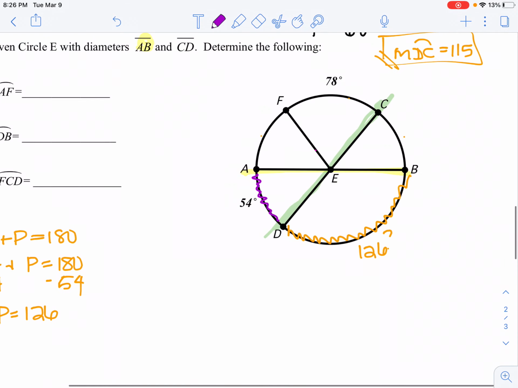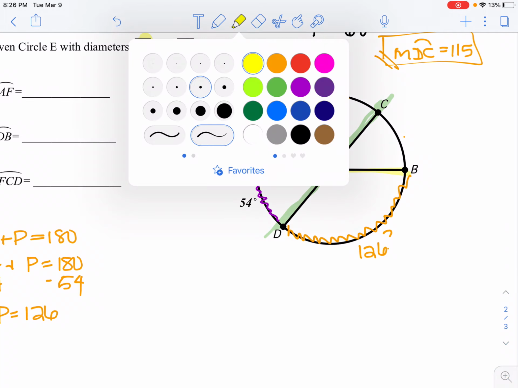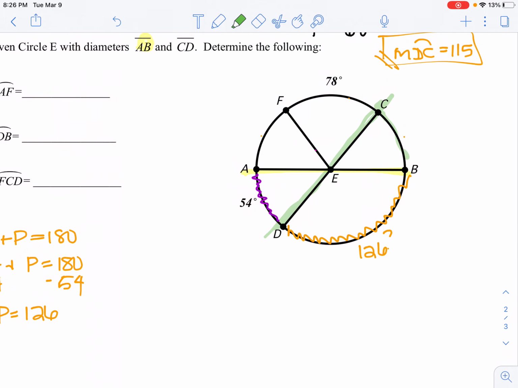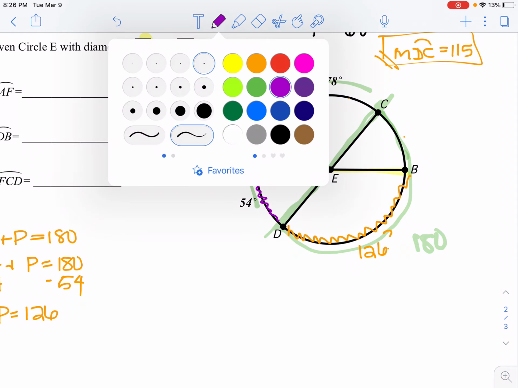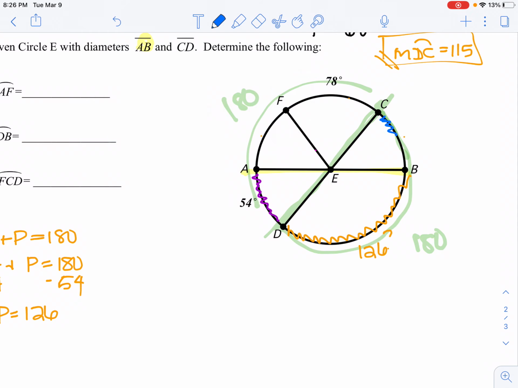I'm going to use my green diameter. So my green diameter again splits my circle up into two 180-degree semicircles. So here's one, and here's the other one. All right. So here I see I'm missing arc CB.